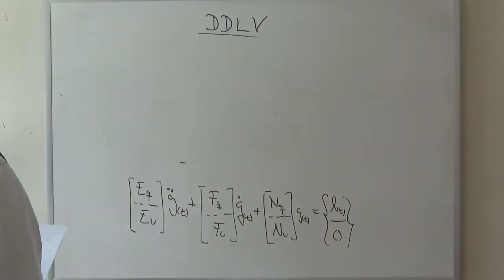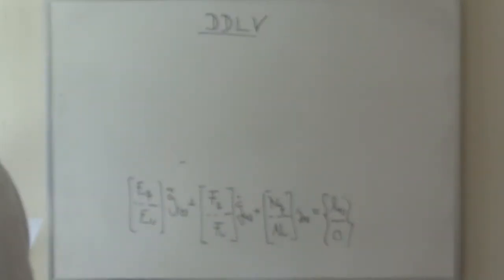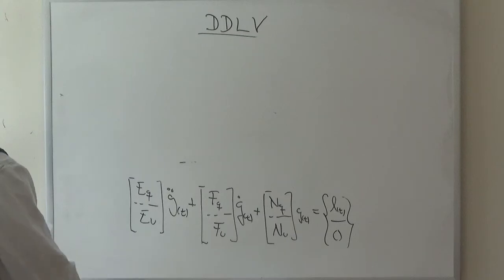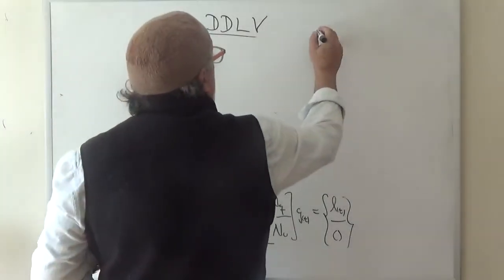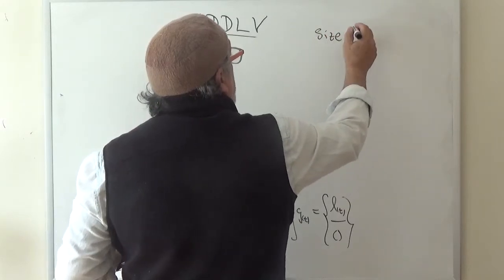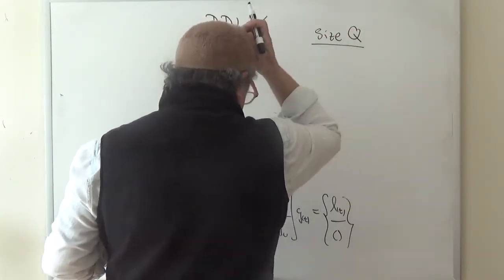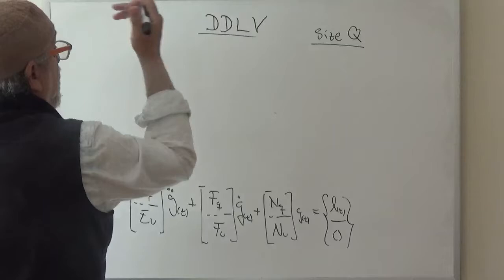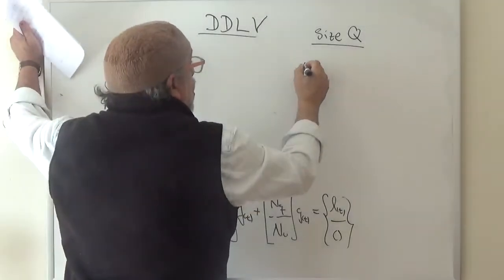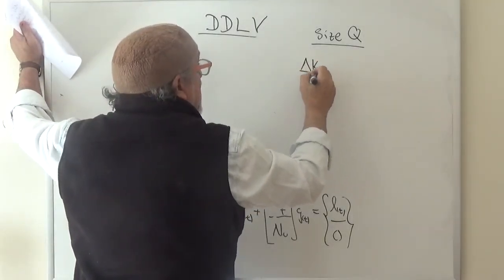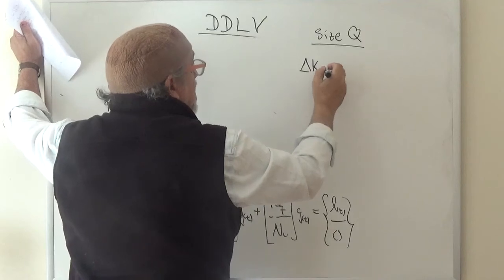Okay, so let's see. What is the size of Q? Maybe I should have done that before, but anyway, what is the size of Q? The size of Q is the null space of delta K, right?